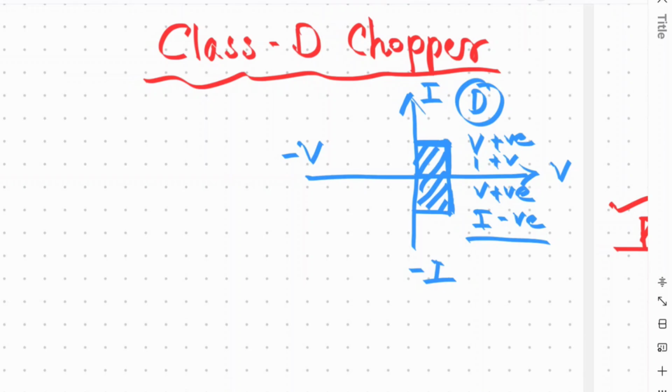So we can say that in class D chopper, voltage is always positive, current may be positive or negative. This allows the motor to run in forward motoring as well as reverse motoring.